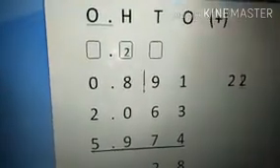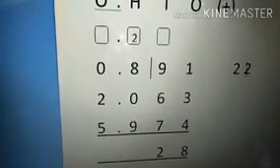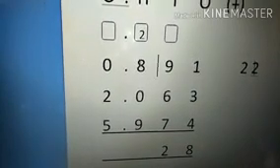Next, we come to the hundredths place. There we have 2. After 2, we need to take 8 fingers. After 2: 3, 4, 5, 6, 7, 8, 9, 10. Then 10 in the mind. 10 plus 0, again 10 in the mind.